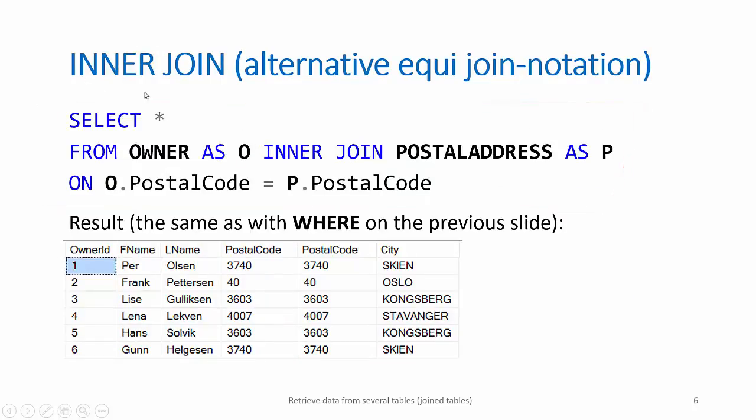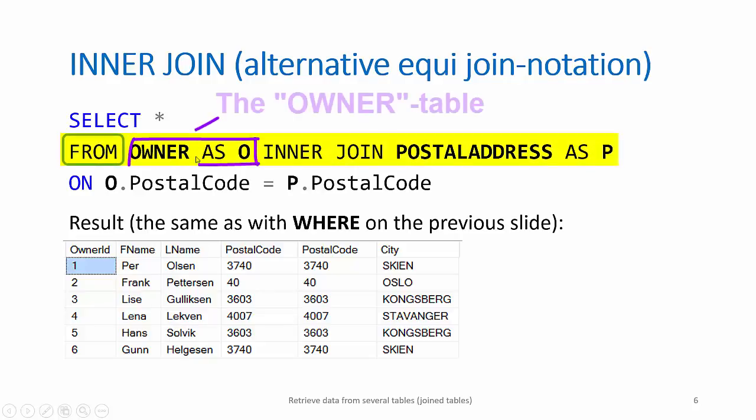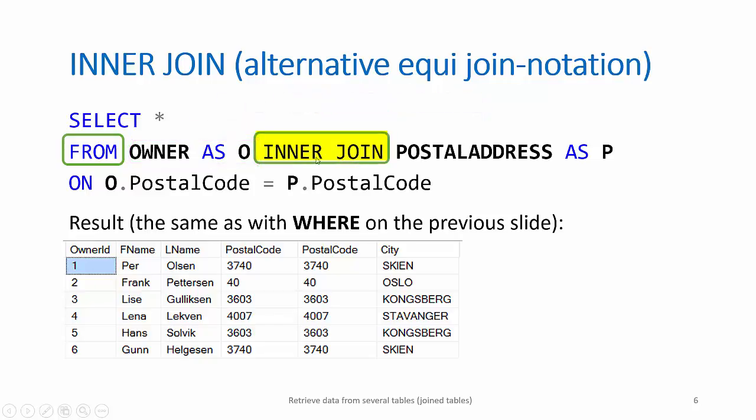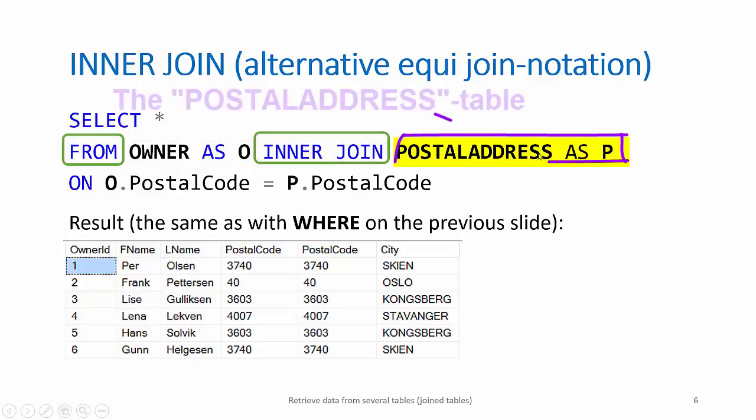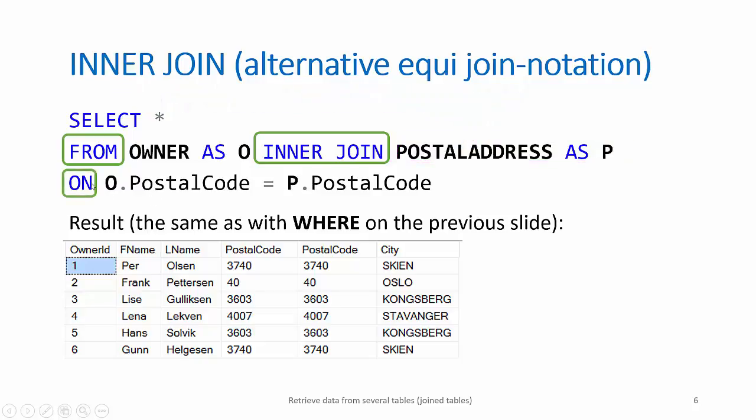It's called an inner join, and then we have a select part just as in the other query, and the from part differs a bit from the other, because here we have from, and then we have one table, and here I also use this alias owner as O, and then we have this statement inner join, and then the second table is listed, and we also use an alias for this as P, and then there's another keyword named on.